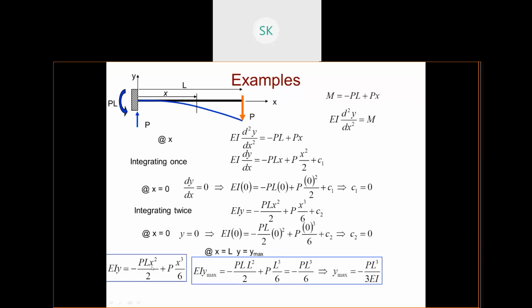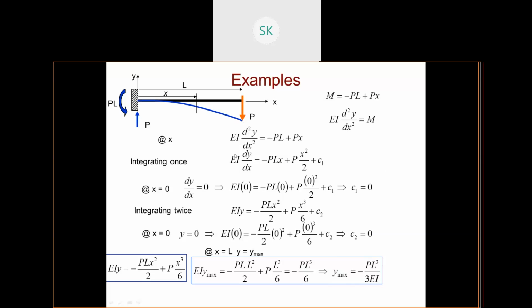Put the value of x as L: this x is replaced by L. So PL times L square by 2, PL cube by 6. Now I got this equation, PL cube by 6. Now my deflection at this point is PL cube by 3EI. For a simple cantilever beam with point load, you will get the maximum deflection of PL cube by 3EI.